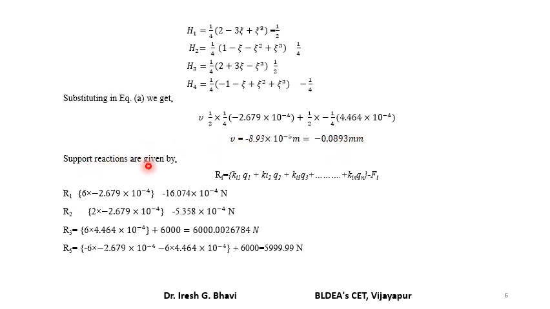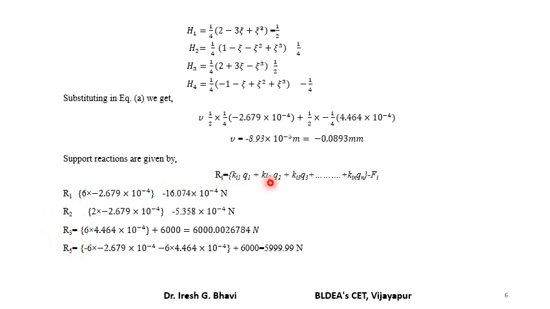Now in order to find the support reactions, you can see that the displacements q1, q2, q3 and q5 are 0. Hence these are the supports, and the reactions will be at the supports, that is R1, R2, R3 and R5.